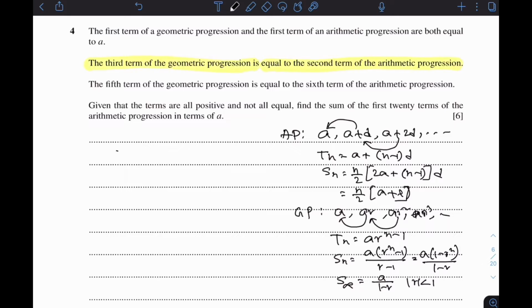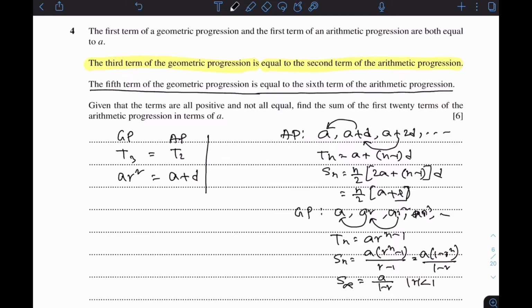Okay, so the third term of GP equals, this is for GP, and the second term for AP. So let us write the third term for GP, that is A r square equals A plus D. Okay, and then the fifth term of the geometric progression is equal to the sixth term of the arithmetic progression.